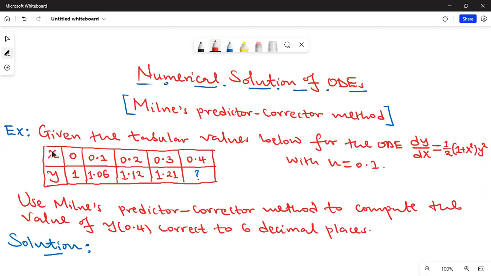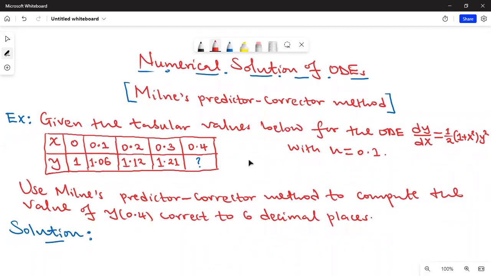So we have the table of x versus y, as you can see. We are asked to use Milne's predictor-corrector method to compute the value of y of 0.4 correct to 6 decimal places.